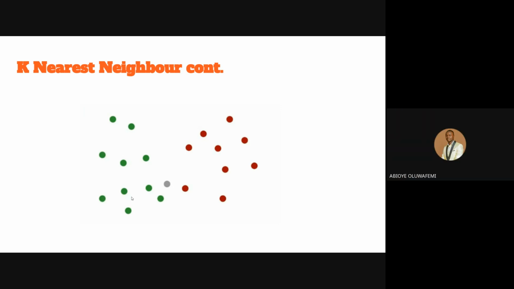Okay, sir. Based on what my colleagues have said previously, I will go with them. We have three colors, and the colors have been identified. And the gray color, if we look at it critically, is closer to the green color.